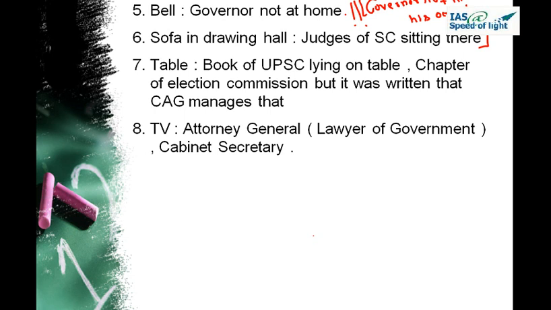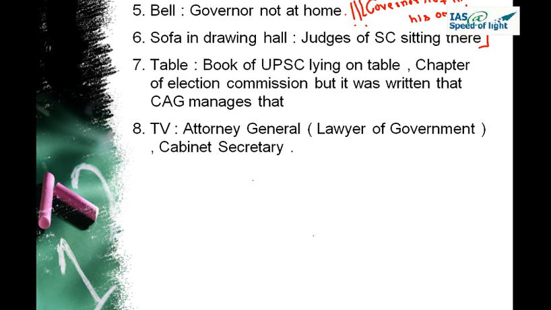Then the sofa was there, Supreme Court judges were sitting there. You went inside the home. Now you are seeing one table with the sofa, and that table has a UPSC book lying there. So with this UPSC book, what we want to remember is the chairman of the UPSC, that is Union Public Service Commission. And what happened with that UPSC book?